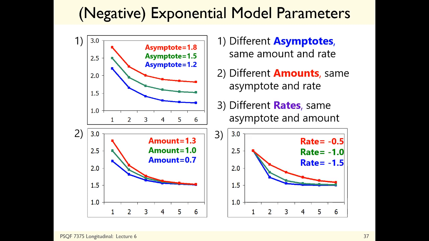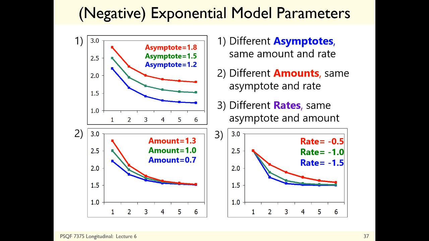The last one is the one that's inside the exponent, which is the trickiest, and that's a rate. These three lines have the same asymptote because they end up at the same place, and they have the same amount because the total amount of change is the same. They start at the same place, but they differ in how quickly they get to their asymptote. So blue has the most negative rate of change, meaning they improve at a faster rate.